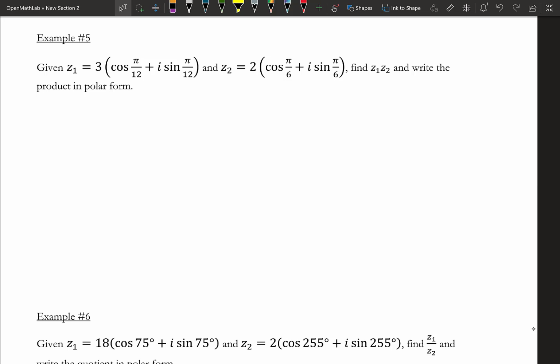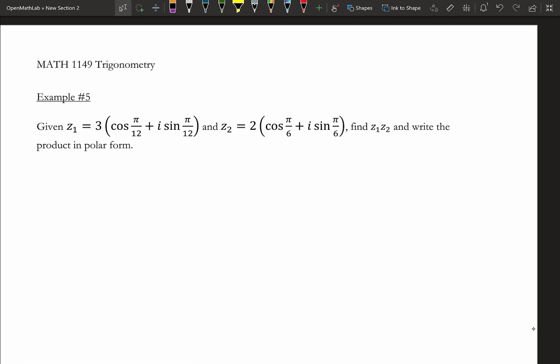So example 5, we have z1 and z2, and we're asked to find the product of both of them and write it in polar form. The first thing that I like to do is just label everything. Looking at z1, that 3 is equal to r1, so r1 equals 3, and theta 1 equals pi over 12. And for z2, r2 equals 2, and theta 2 equals pi over 6.